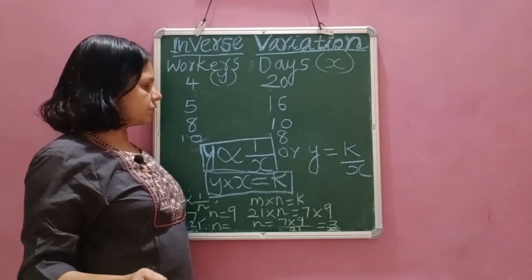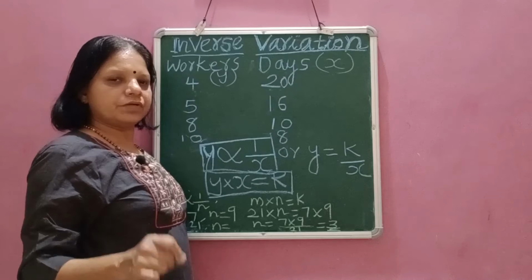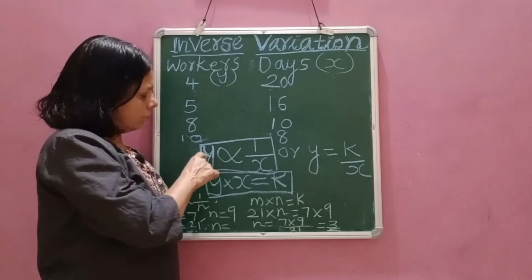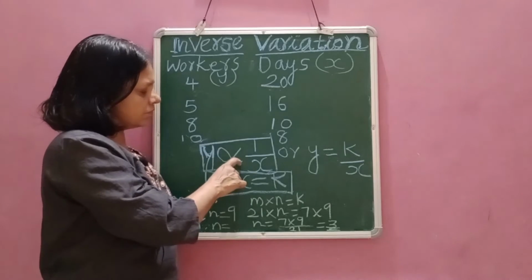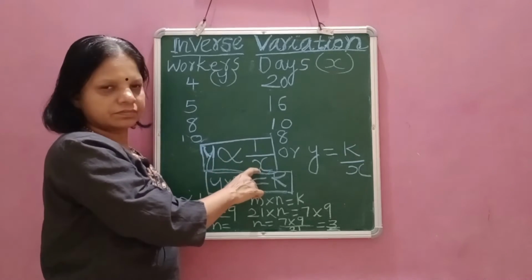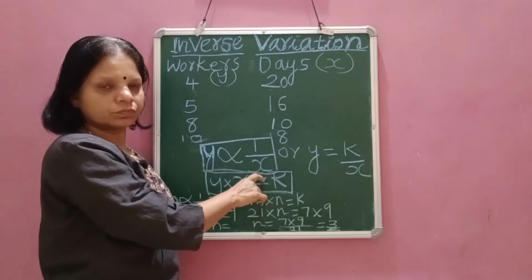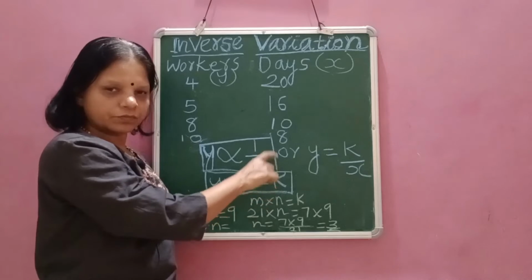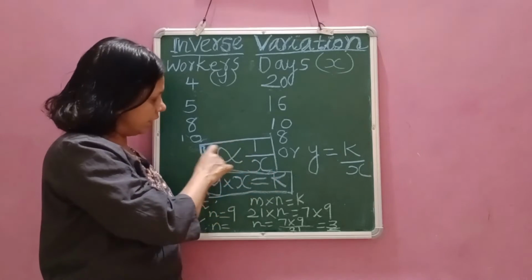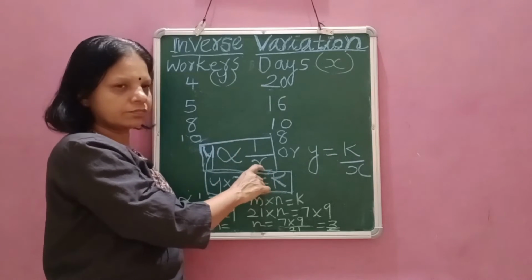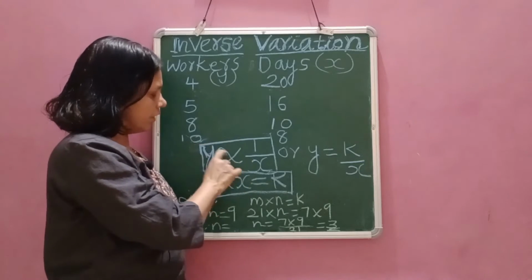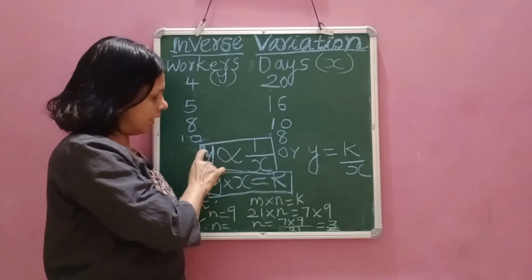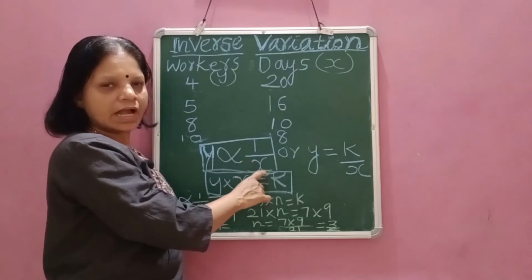And the relation of variation is represented as y varies as 1 upon x, the inverse or reciprocal of x. Y varies as 1 upon x, or it is read as y varies inversely as x.